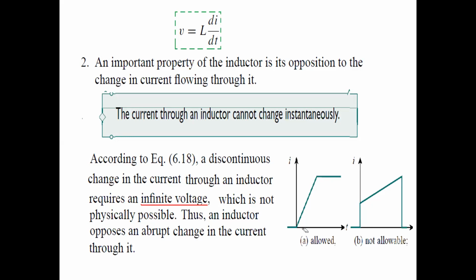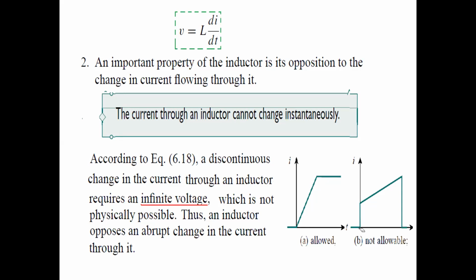So the change in current as drawn in figure A is allowed and not as drawn in figure B, because in figure A the current is changing through the inductor with some finite slope. The slope of this line is not infinite, which is di by dt by the way. It has some slope, and the voltage across the inductor will not be infinite.